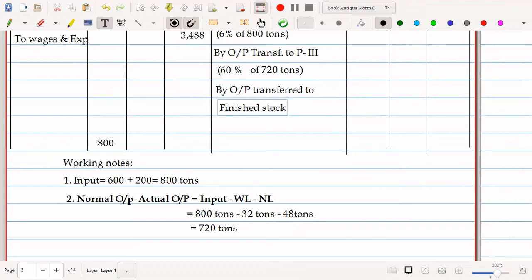What's given in the problem? Transfer to finished stock in second process is 40%. 40% of 720 tons. Now we'll calculate this. It comes to 432 tons, and this comes to 288 tons.